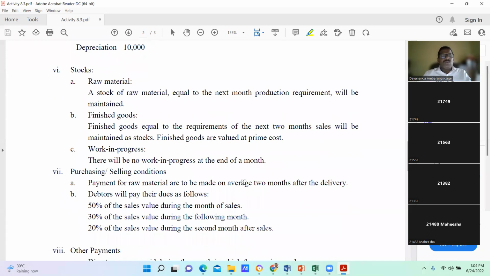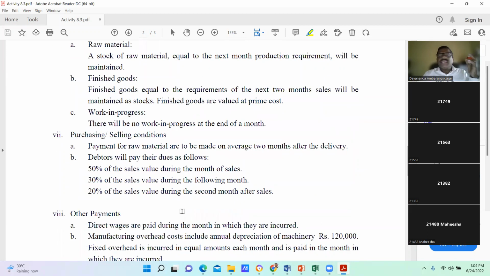Work in progress is 0, and payment is 2 months after delivery. Debtors, of course, have three stages: 50% of sales in the same month, 30% in the following month, and 20% of the sales value during the second month after sales.